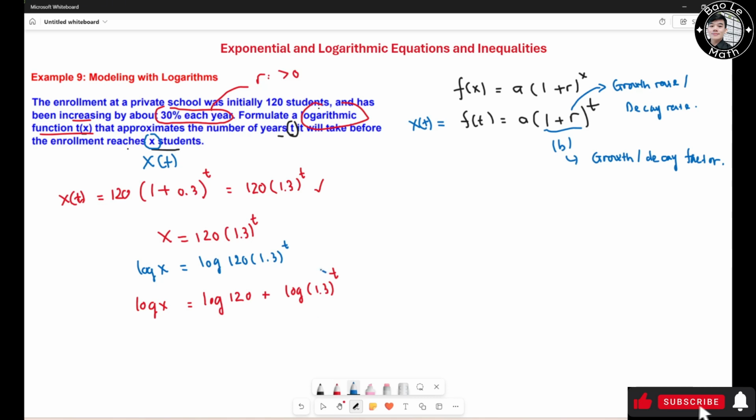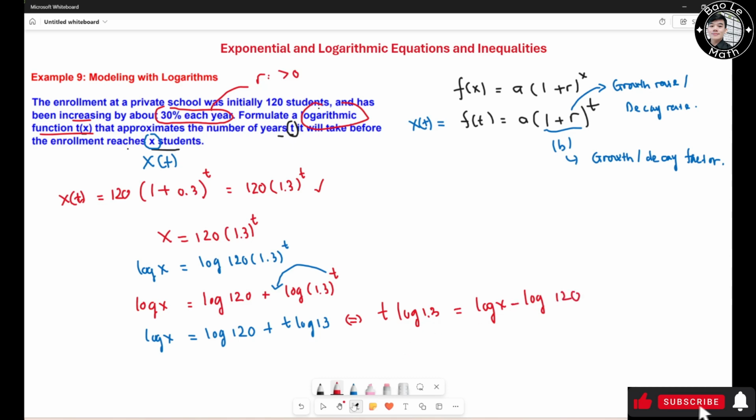Now t right here I can bring to the front, right? So it's going to be log s equals log 120 plus t log 1.3, right? Now I need to solve for t. Then I need to subtract log 120 both sides. So I have t log 1.3 equals log s minus log 120, right?